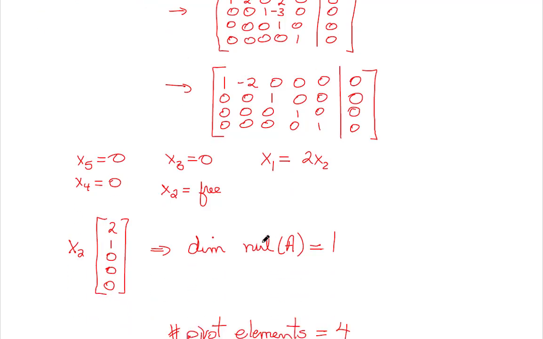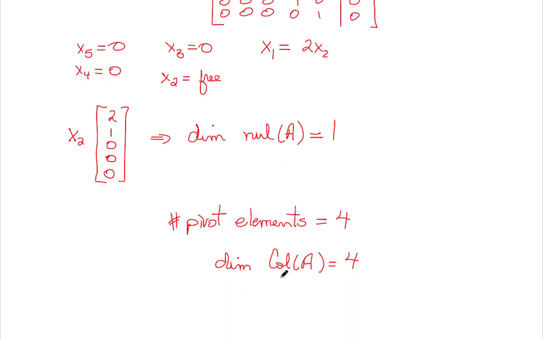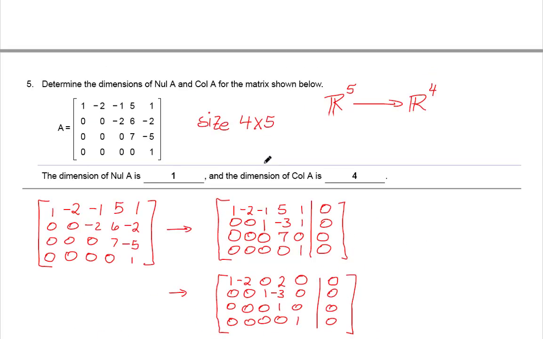So the null space consists of all vectors of the form a scalar times 2, 1, 0, 0, 0. Since there's only one of these, the dimension of the null space is 1. How many pivot elements did we have? Well, we had 1, 2, 3, 4 pivot elements. So the dimension of the column space of A is 4, which is the dimension of the space it's going into.